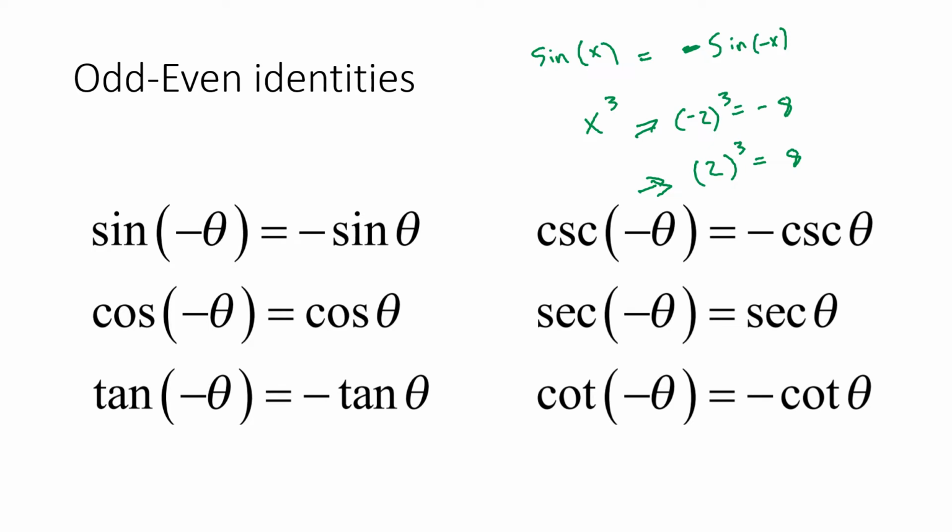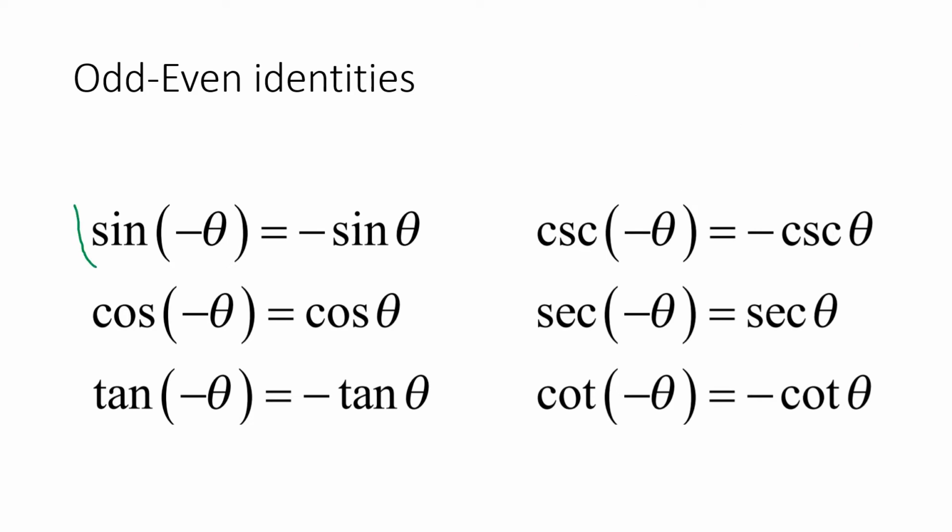So as an example, -2 cubed we said was -8, and 2 cubed was +8. If we wanted to make them equal, then we'd have to make the second one negative. So in other words, there's going to be a negative factor of -1 to make those equal. And that's really all it says.